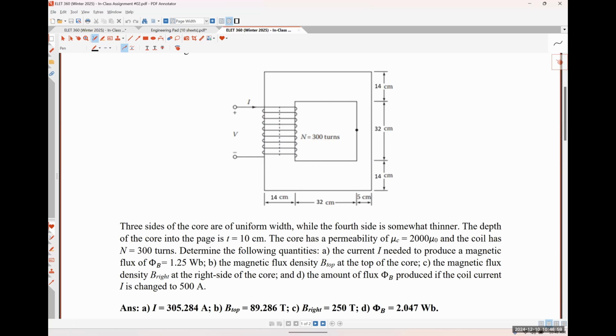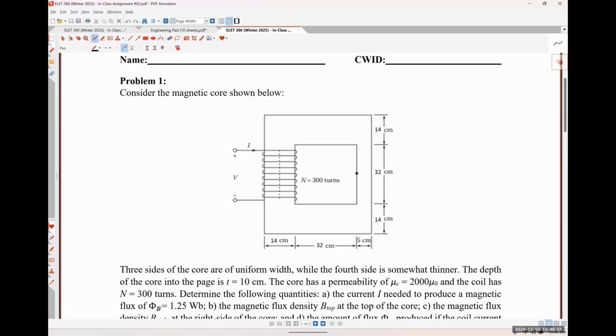So if I tried to draw this thing out a little bit further, just for illustrative purposes, this thickness here is T.